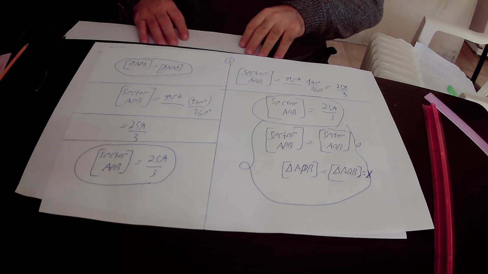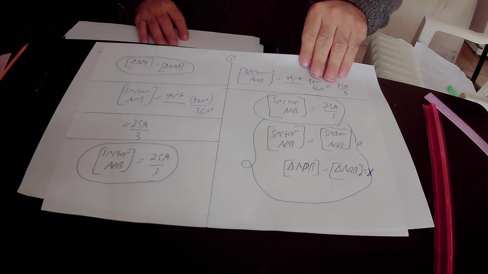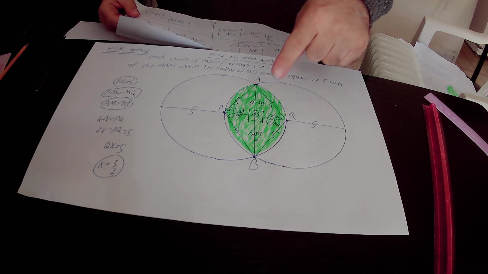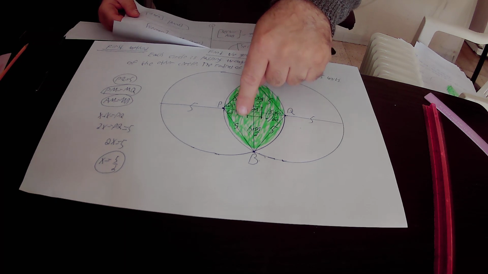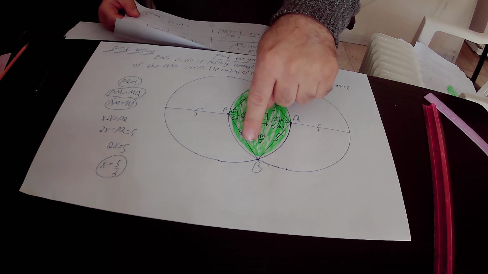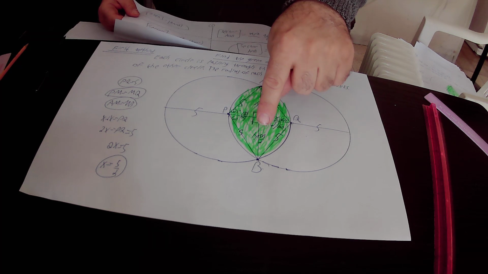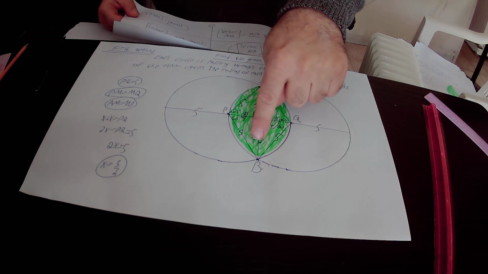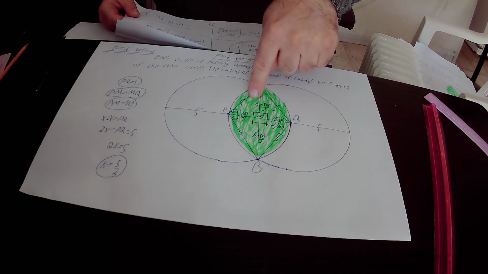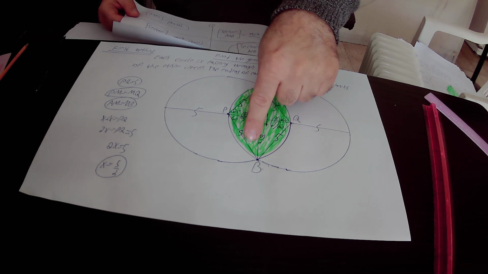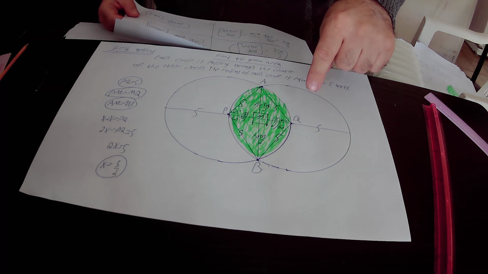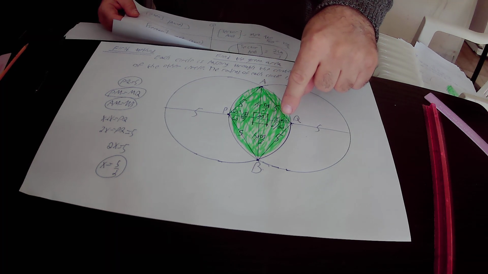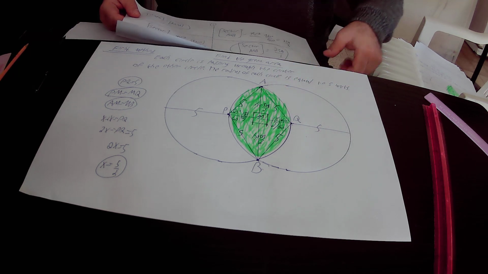What is the area of sector APB? The area of sector APB, this shape that is like a half circle but is not a semicircle, will be equal to the area of sector AQB minus the area of triangle AQB.